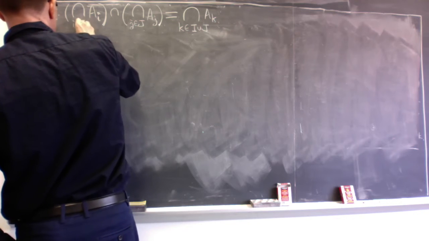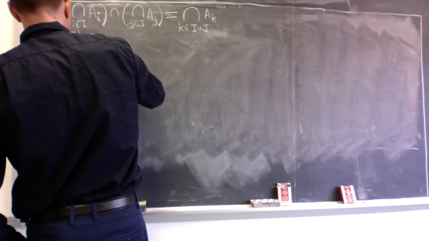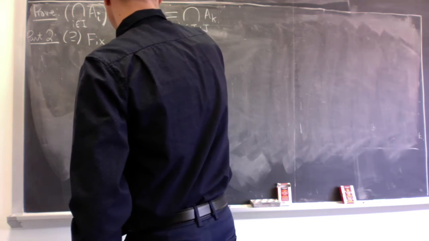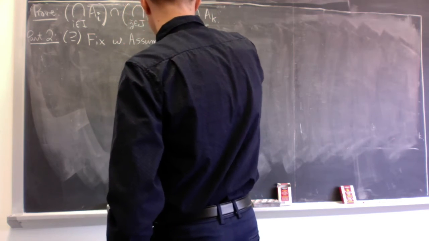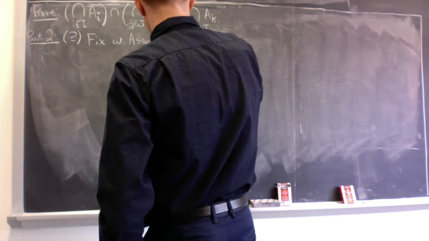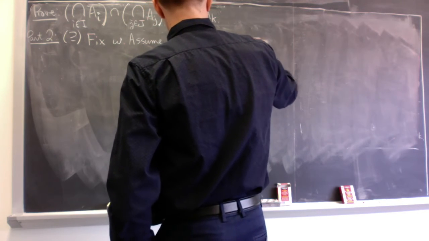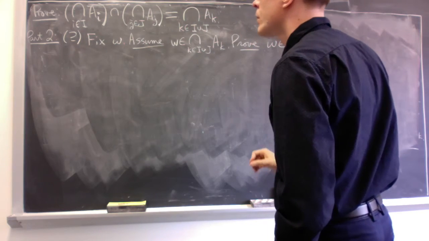Part 2 is this other inclusion. Let's fix a new letter, w, say. Let's assume w is in this right-hand set now. And let's try to prove that w is in the left-hand set.